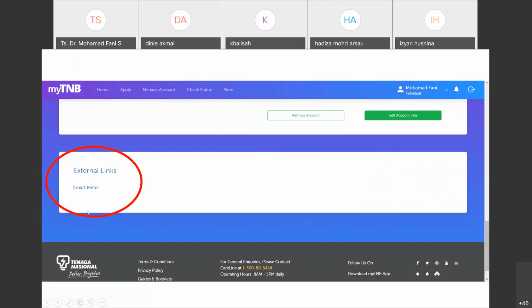Scroll down to the bottom and you can see the smart meter, external link to the smart meter. So click smart meter.